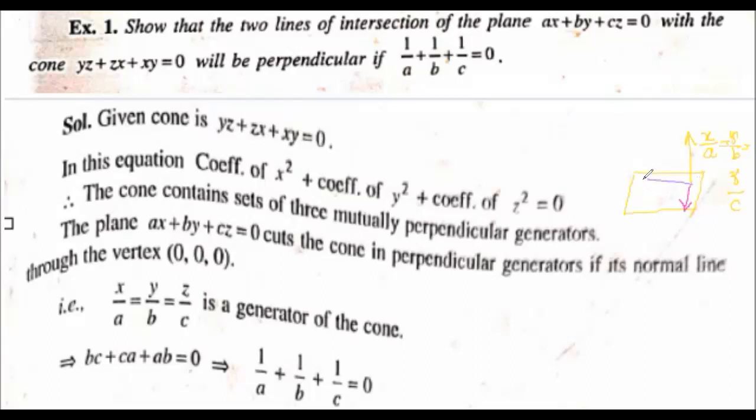Now we have to consider a cone containing these generators. That means we are going to have a cone. So this is the cone, let us say. Then this cone is admitting these three generators.